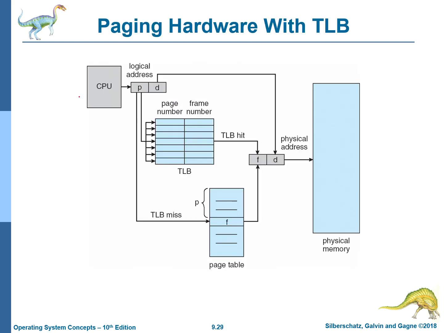Here, suppose we have the CPU, and in this scheme we now have two tables. The first one, the page table, we already had. But now we have one extra table, the translation look-aside buffer table. This table is maintained very near to the CPU so that fast access can be done.